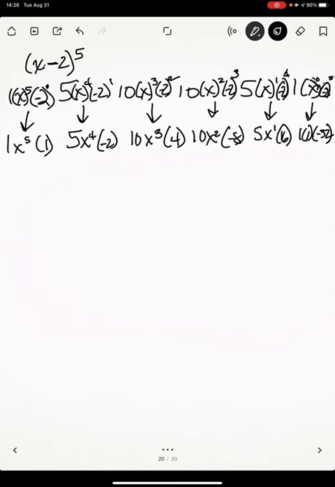Okay? So now, again, just like before, we're going to multiply our numbers and simplify. 1 times 1 is +1, so that's x to the 5th.